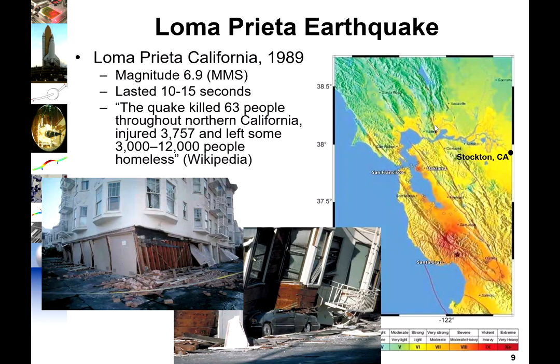I actually grew up in California, so earthquakes were something we thought about a lot. In 1989, I remember this earthquake. It was epicentered here in the Bay Area, and I was living out in Stockton in California. But this was almost a 7.0 earthquake and did tremendous damage throughout the Bay Area, at least 63 people killed, and many, many homes destroyed.